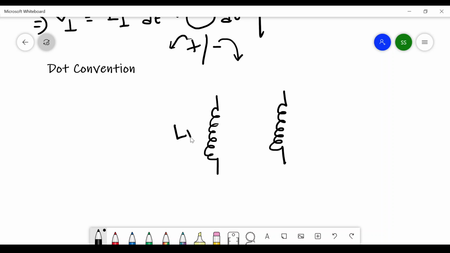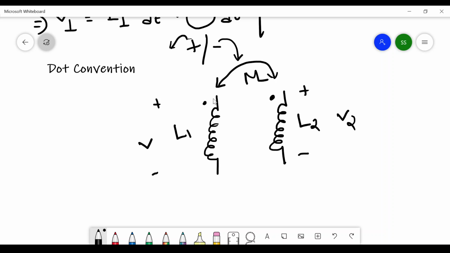Here it is L1, here L2, and the mutual inductance between these two inductors is M. Now we have to define some dots, and we have to check, with respect to the passive sign convention, whether the currents are entering the dots or leaving from the dots.